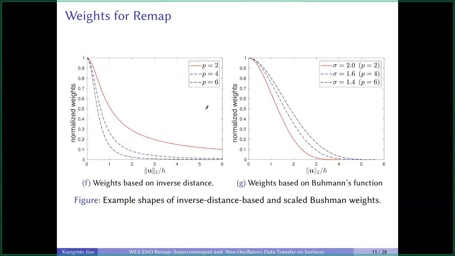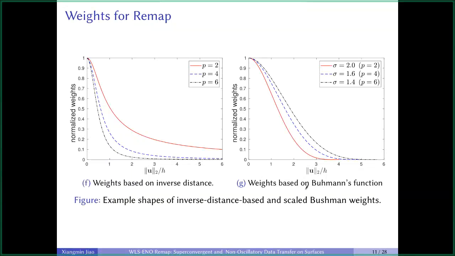If you happen to have a target node, and on the source mesh you have nodes that are pretty biased, so you have some points that are very close to this node, then the node that's closest to it is going to have a very high weight, and it basically destroys error cancellation, and there is no more super convergence.